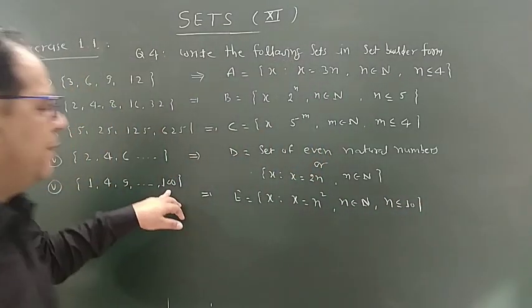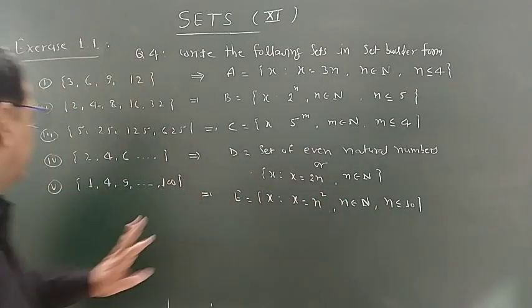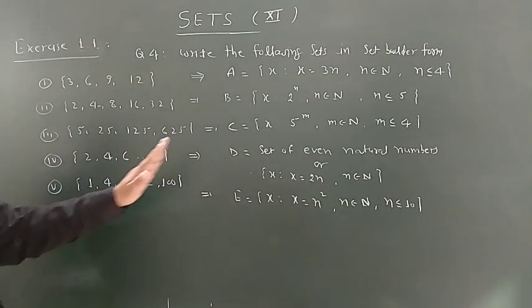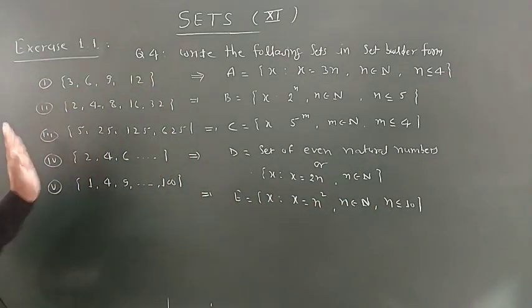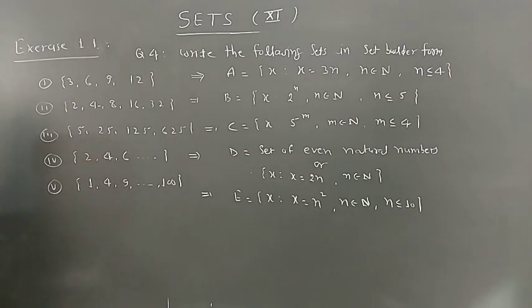So the final element comes with 10 squared equal to 100. This is the way we can convert the given roster form into set builder form.